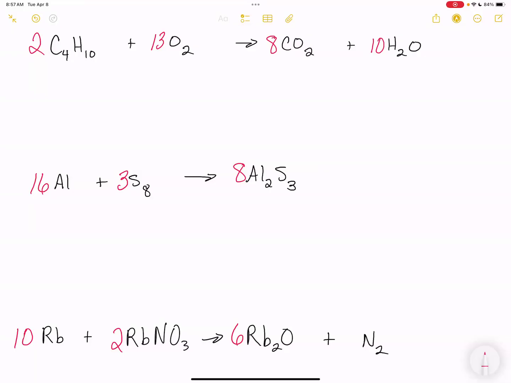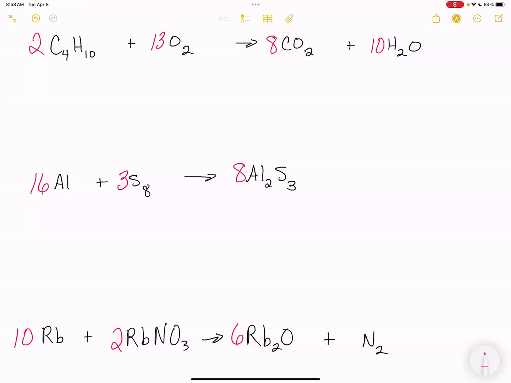The aluminum and sulfur, I chose the sulfur because I saw 8 sulfurs on the reactant side and 3 on the product side. And I'm like, okay, an even number, an odd number, I'm going to start there. So I balanced out the sulfurs first. And the lowest common number that 3 and 8 have together is 24.